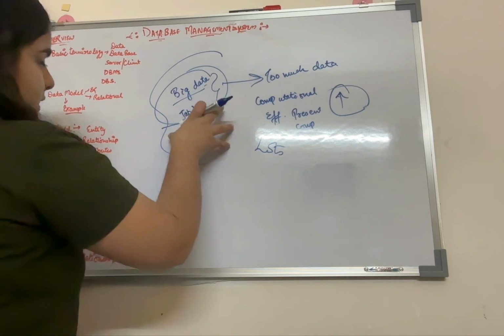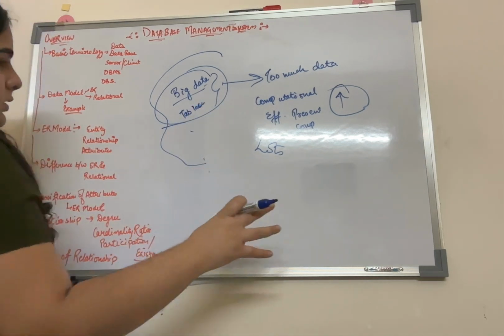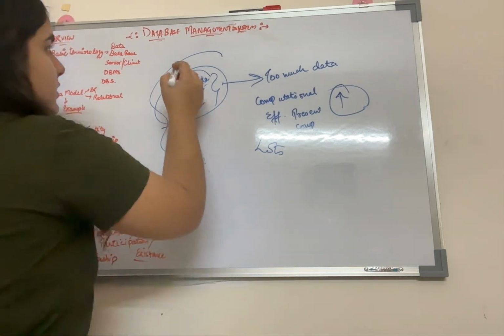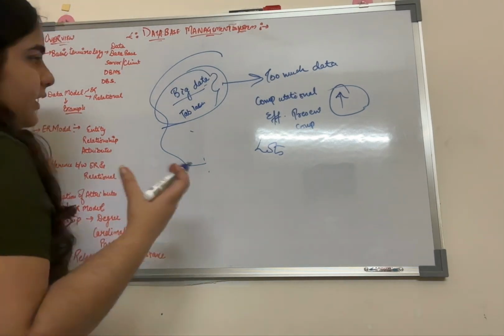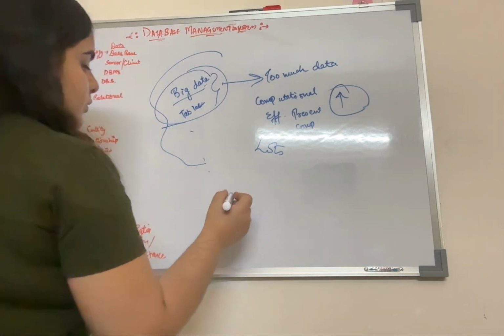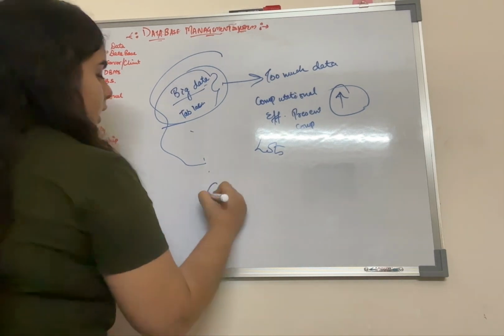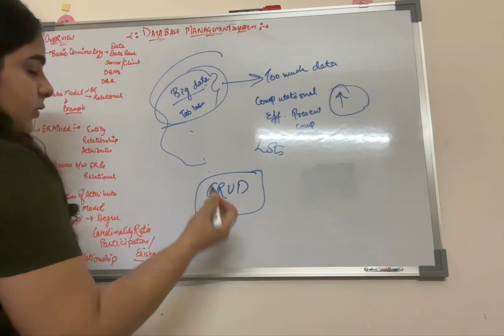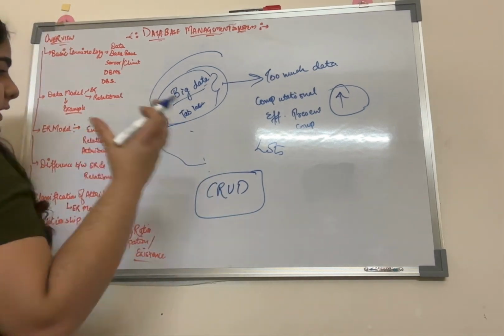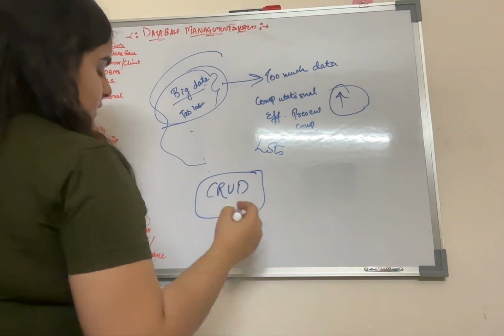To understand these things, you must know at least the basics of database management system. That is, what a database management system is, and how to do the CRUD operations on data. Don't worry if you don't know what data is, we'll get into the details later on.